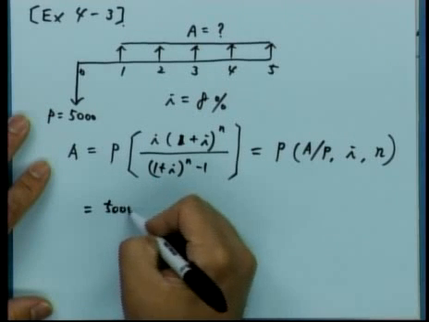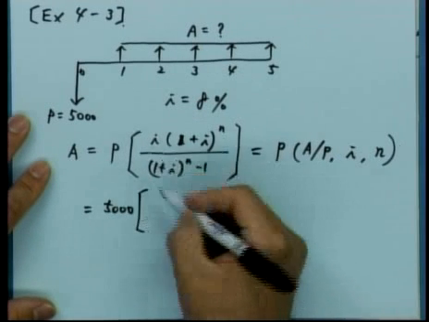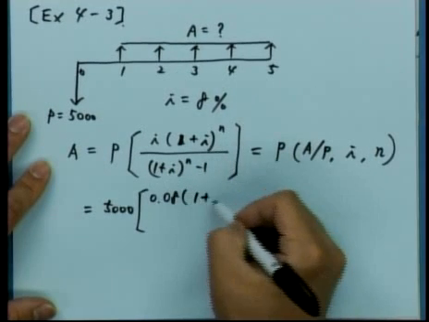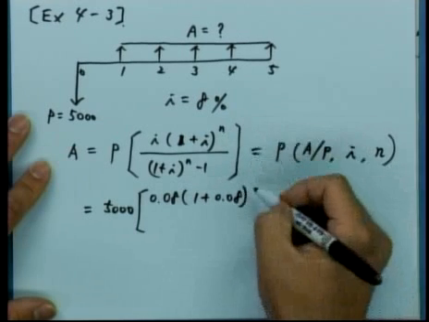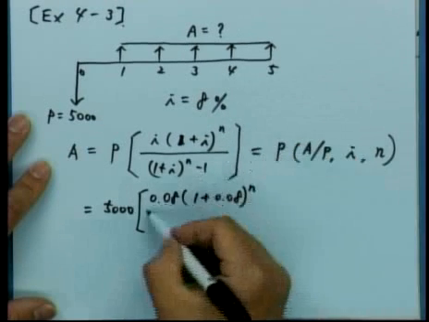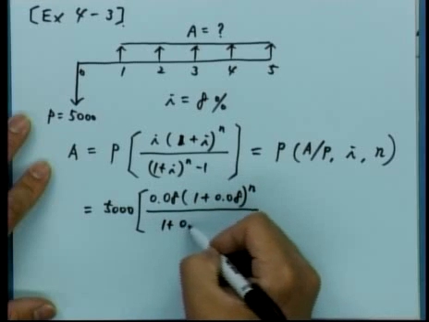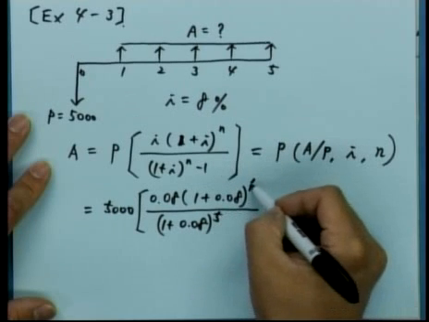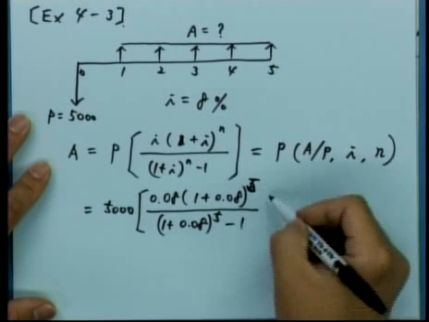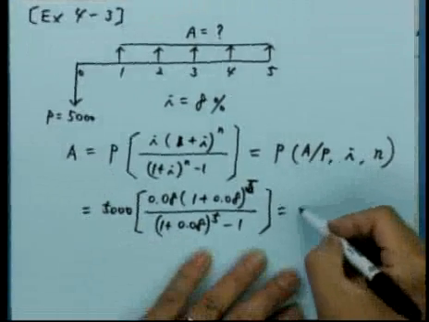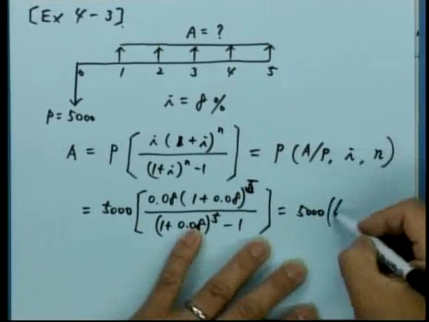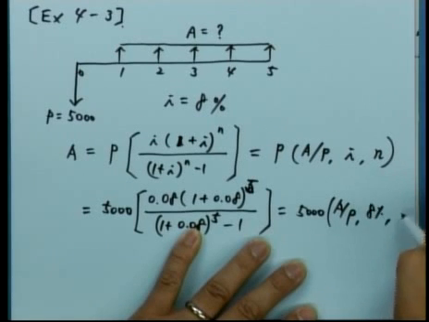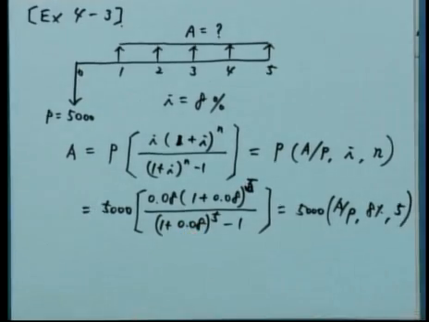So 5,000 times I, which is 8%, 0.08, times (1 plus 0.08) to the power n, which is 5 years, over (1 plus 0.08 to the power n, which is 5, minus 1). Or 5,000 times A given P, 8% over 5 periods, 5 years, right?